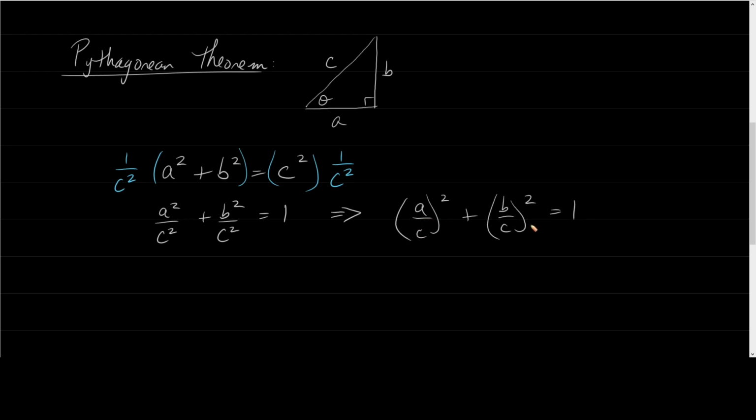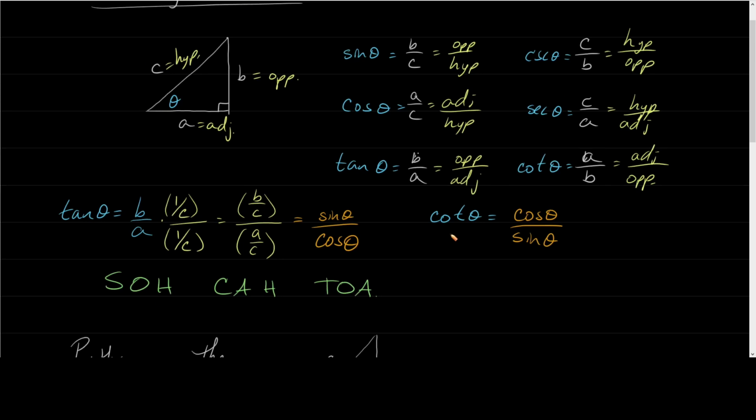Now let's look at these right here, a over c and b over c. A over c was cosine and b over c was sine.